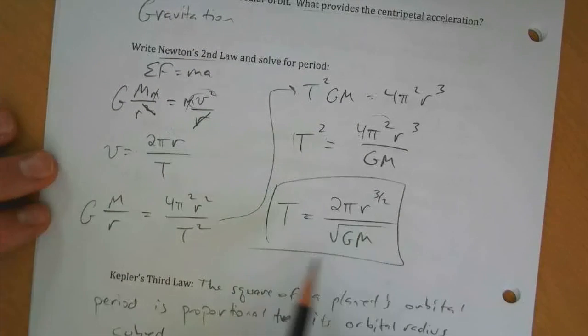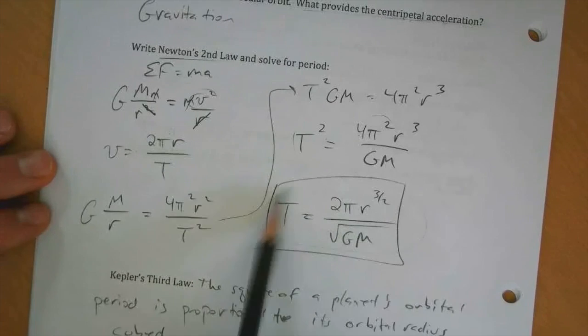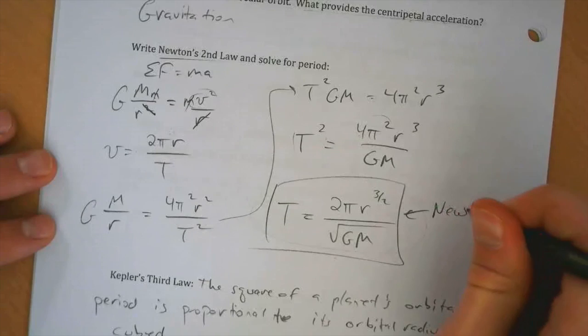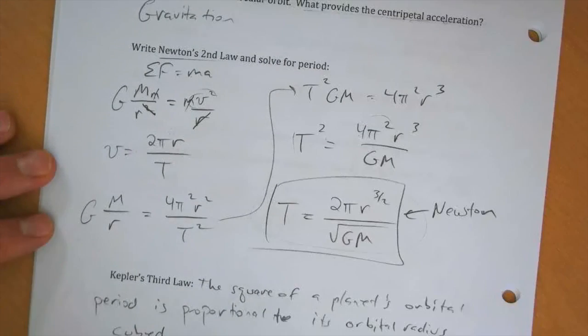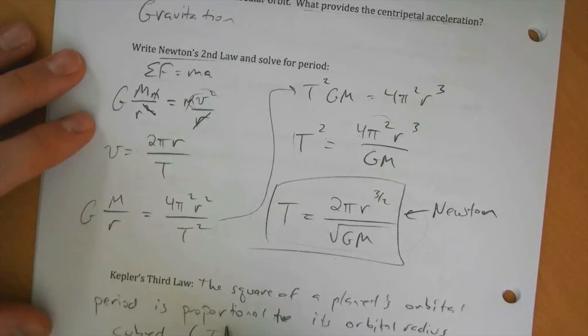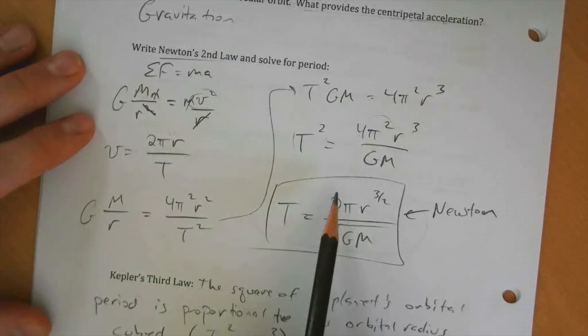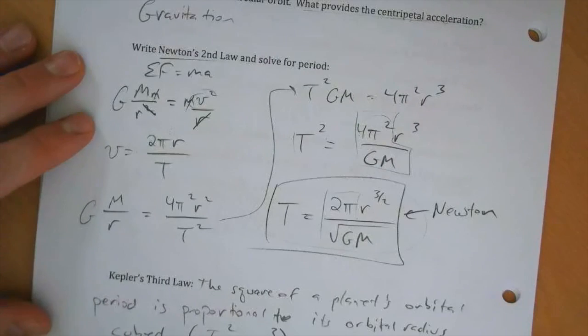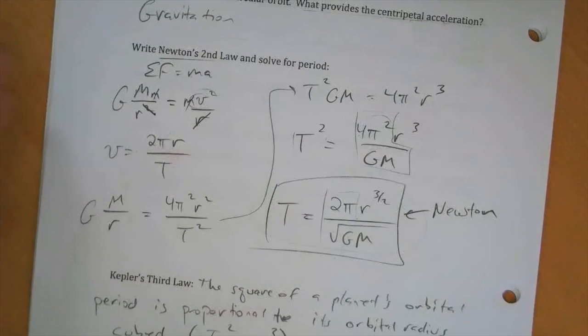So Kepler did not get this specific equation. This specific equation came from Newton. What Kepler said is that period squared is proportional to radius cubed. He did not work out that it was proportional by this factor of 4 pi squared over GM. That was Newton's work, and now your work, or mine, I guess, because we have derived where that comes from.